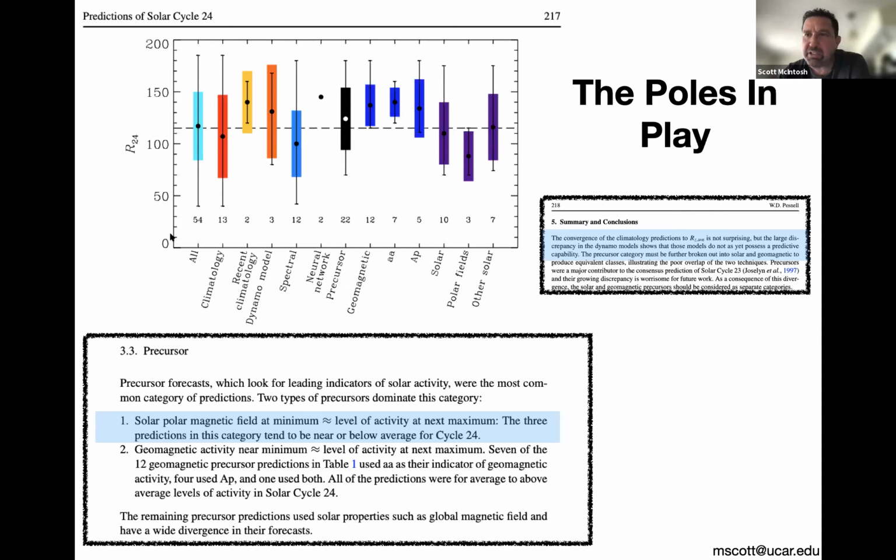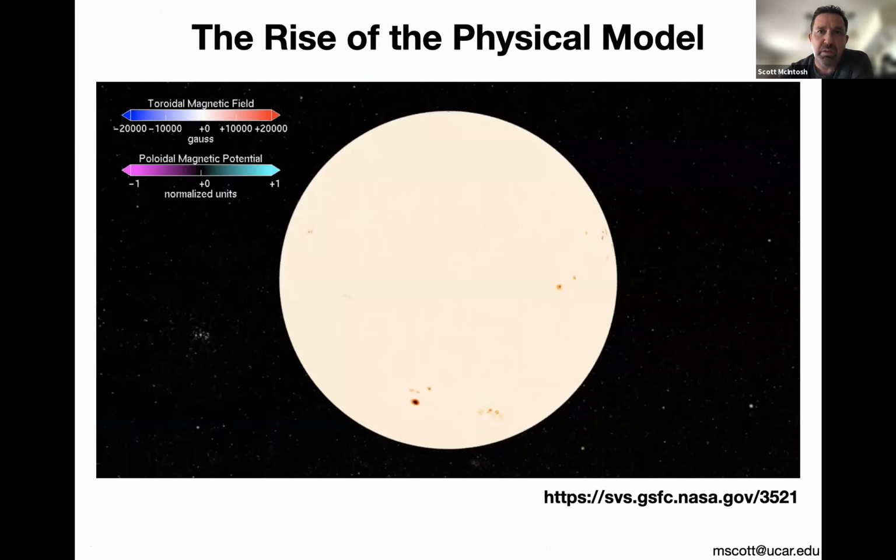And it provided one of the most accurate forecasts. So we've seen a progression with Joanne Jocelyn's work where the emphasis was, we need more physical models. Now that the physical models are starting to come through, they are starting to point to polar magnetic fields as being key. Okay, so that's cycle 24.